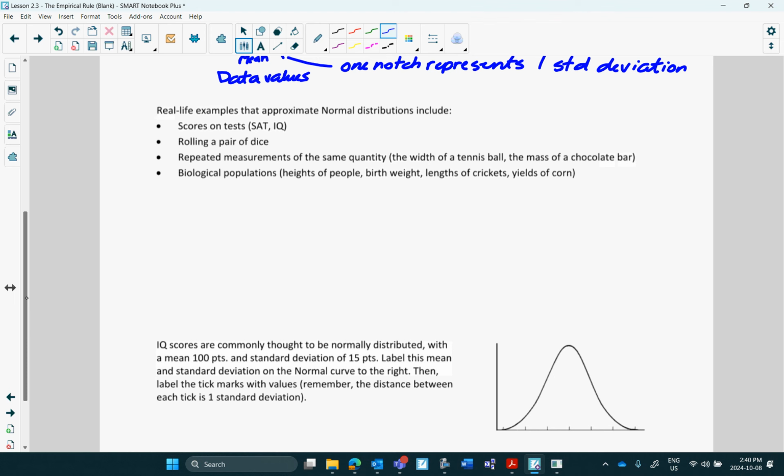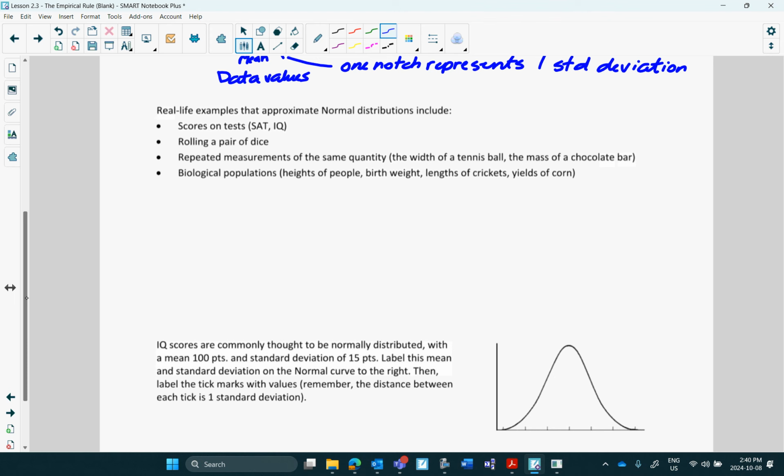I mean, test scores at this school might not be normally distributed. They might have a little bit of skew to them. But if you take a standardized test, and you take all the people that wrote it across the world and plot all that, it's likely going to form a normal distribution.